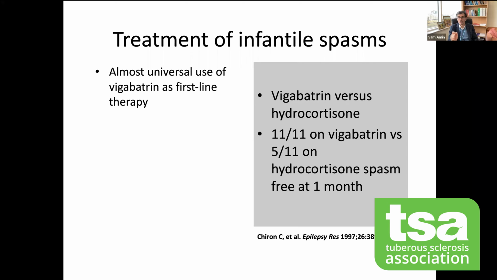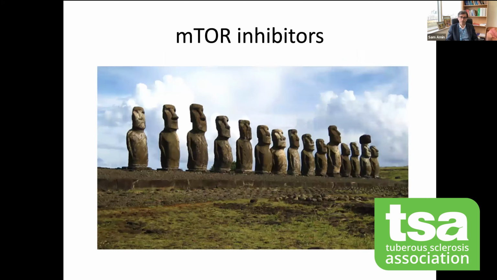Whereas in TSC, we use vigabatrin just because of this small French study done in 1997. You never know, maybe steroids are also effective in this population. So for that reason, I think we need a bigger study.